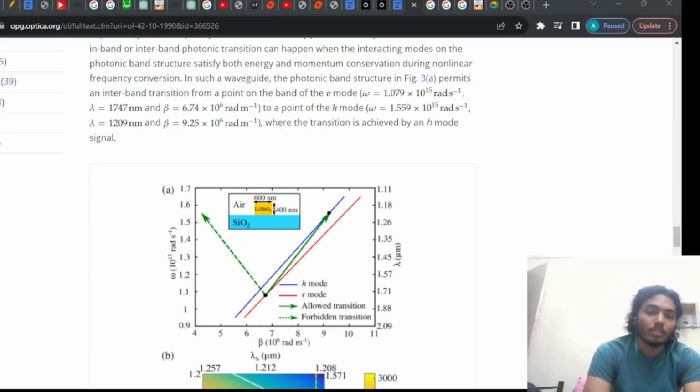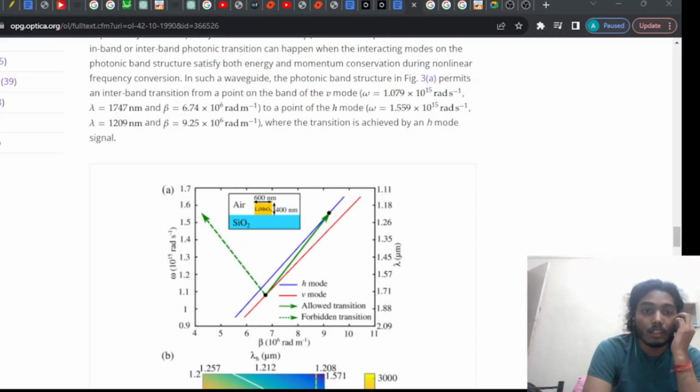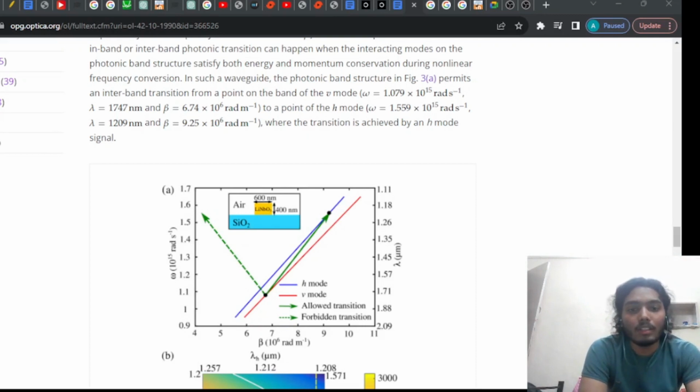So there is some constraint that the phase mismatch should go to 0. Even a small deviation from this point can lead to a change in phase mismatch, which is of the order of 10 to the power 6, which is large, and hence the light can't propagate. It will get scattered in the crystal.